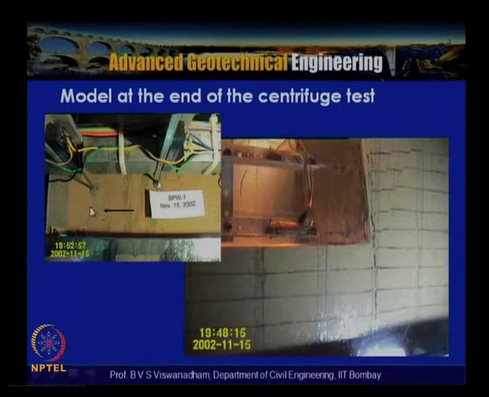From the front elevation, this is the wall, and these are the step type deformations shown, and the close view of the wall with the Rankine rupture planes is shown here. You can see one plane passing here and one plane passing here, and the plane finally culminates at this particular point.